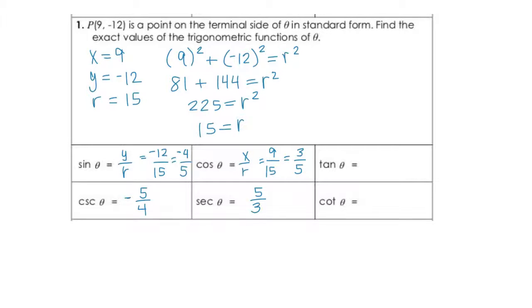We know tangent is y over x. And so our y value was negative 12. Our x value was 9. And when we reduce that, we get negative 4 over 3, which tells me cotangent is negative 3 over 4.